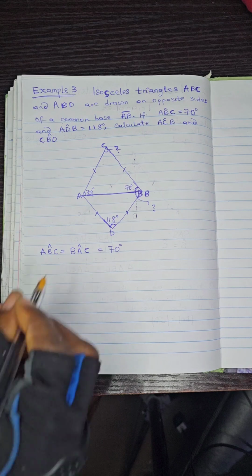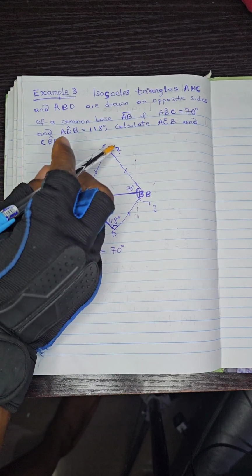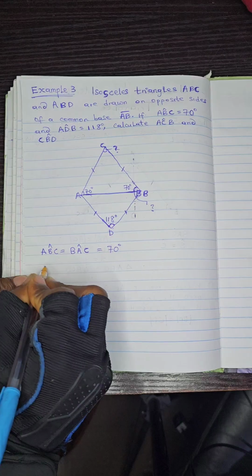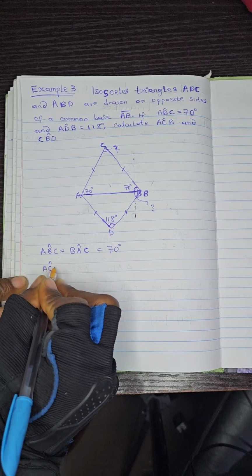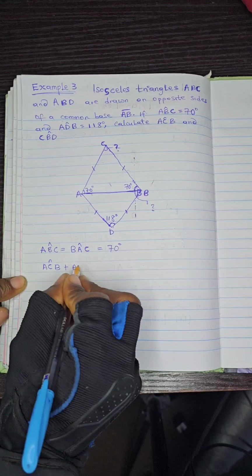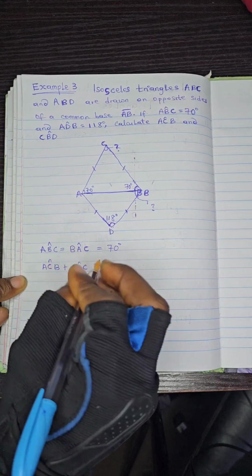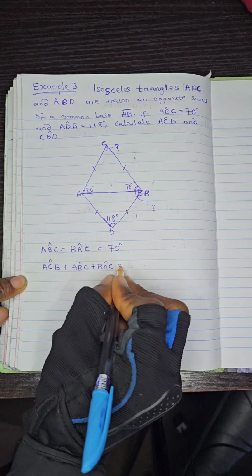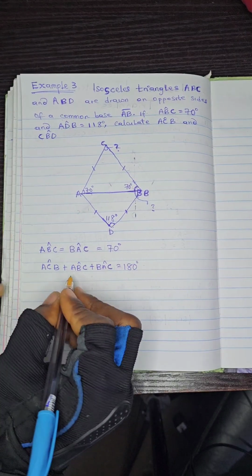So I'll put in 70 degrees here. Now, how do we get this ACB? We know that ACB plus ABC plus BAC is 180 degrees.